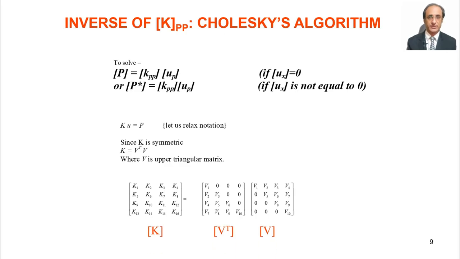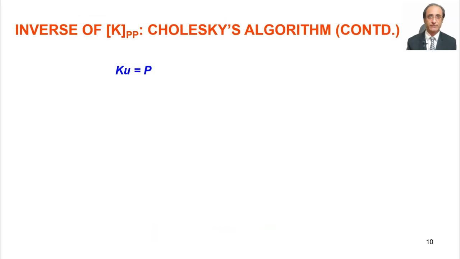So we call this as V matrix. So V is sort of an upper triangular matrix. So a product of these two, that gives the symmetric matrix. Only condition is that this has to be symmetric. When you say we find inverse, essentially what it means, if I solve this system of equations, that means I have done my work. So here we are writing K as a product of two these triangular matrices together.